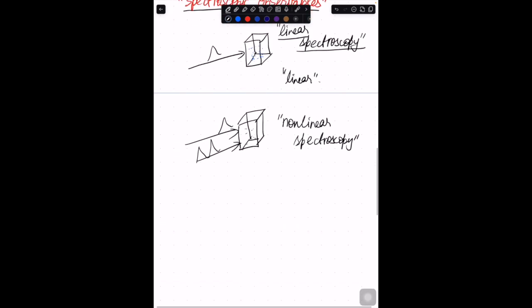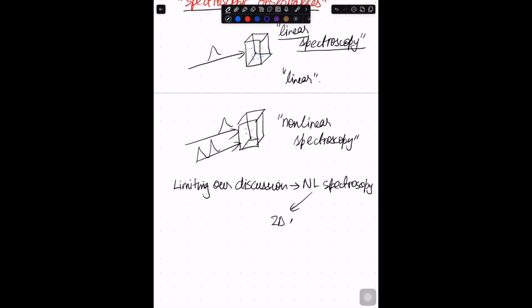So in our work, we will be limiting our discussion to nonlinear spectroscopy. And in this lecture series, we would be focusing on 2D optical spectroscopy.